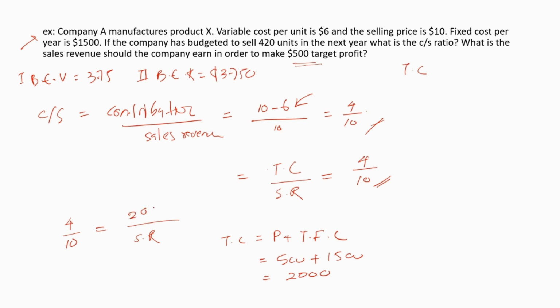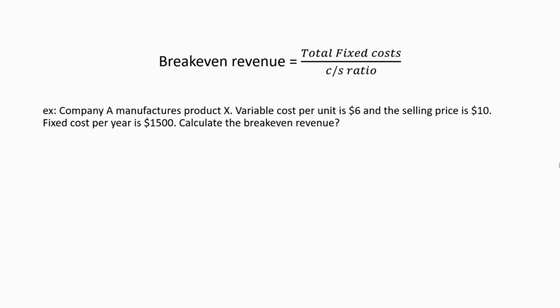So 2000 over sales revenue. So the sales revenue is equal to 2000 multiplied by 10 divided by 4, which is equal to 5000. So this is the sales revenue the company has to make in order to make a 500 target profit.